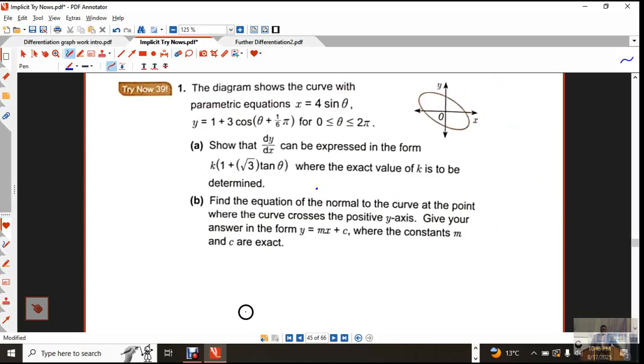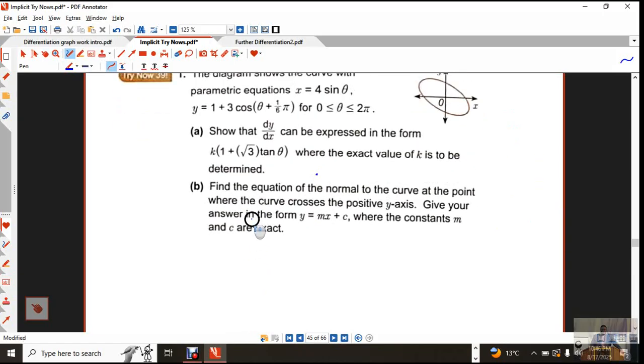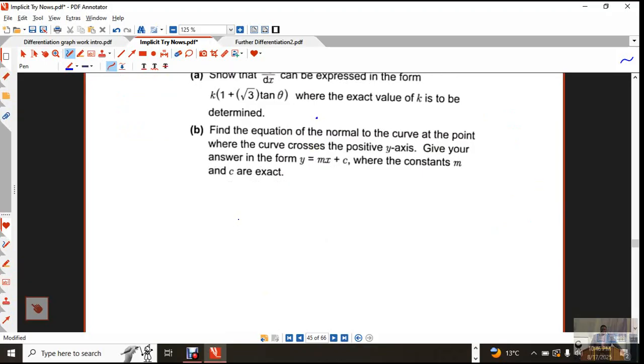Right, so we are going to do dy/dx. So I'm going to do them next to each other. The first one, x equals 4 sine theta. This is going to be dx/d theta is equal to 4 times the derivative of sine, which is cos theta.